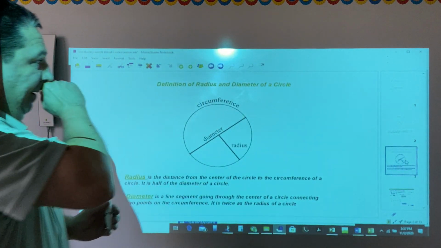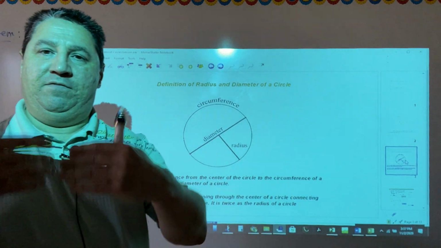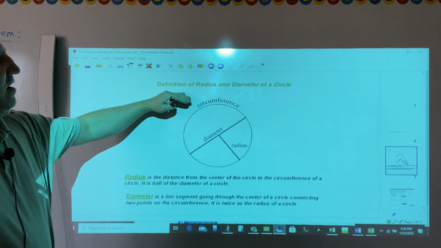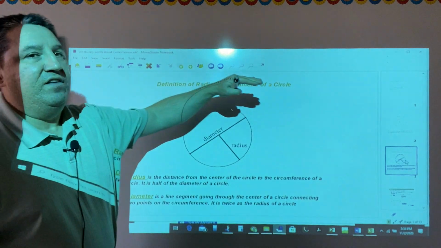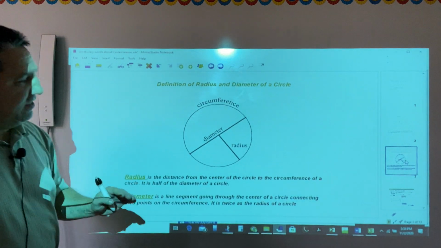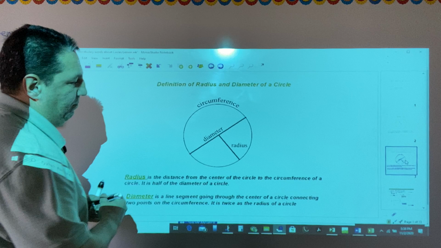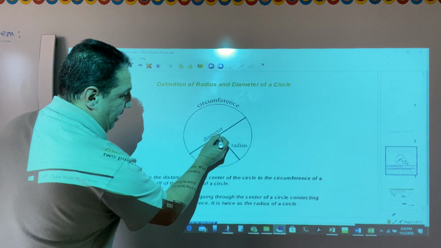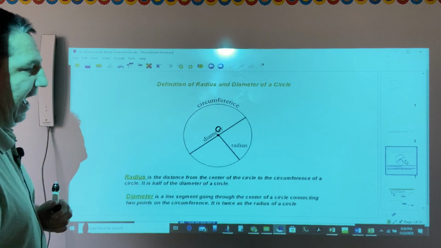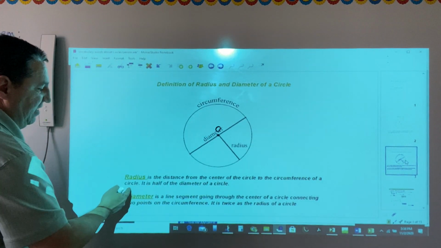Next, we define the main parts of a circle. First, we define radius and diameter. Radius is the distance from the center of the circle, which is this one, let's say O, to the circumference of the circle.